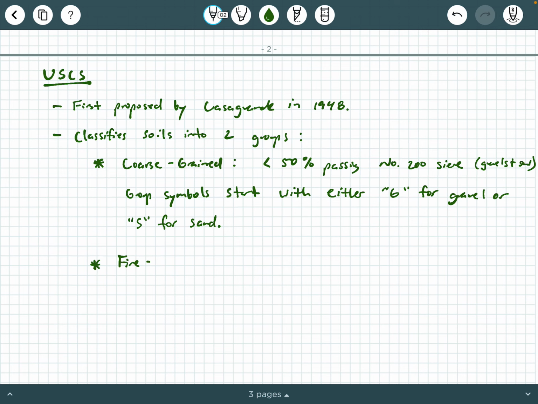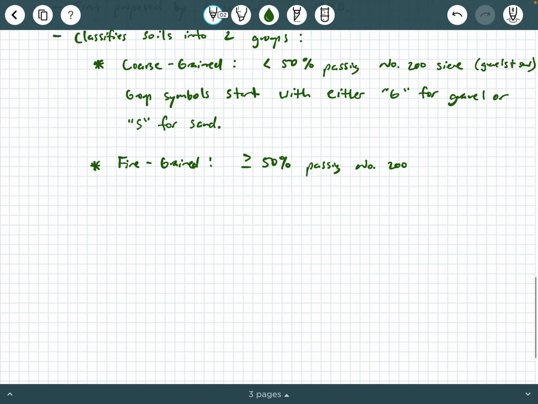The second group is fine-grained soils, okay? Here we have greater than or equal to 50% passing the number 200, okay? So 50% or more passes the 200. So these are your silts and your clays, all right?